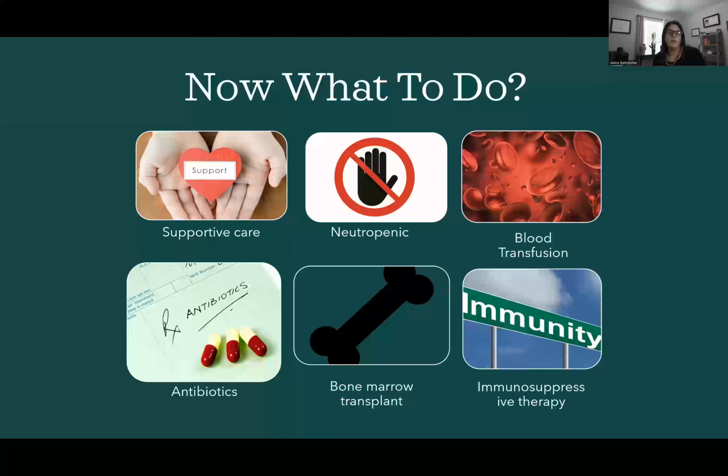If it's the white blood cells, the individual doesn't have any immunity, then we put them in neutropenic precautions. And neutropenic precautions are basically you don't allow the client to get many visitors. They have to wear masks. They can't receive fresh flowers or fresh foods, and lots of hand hygiene.